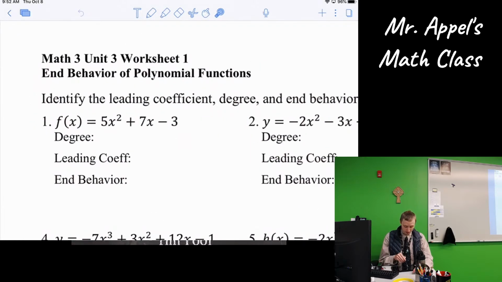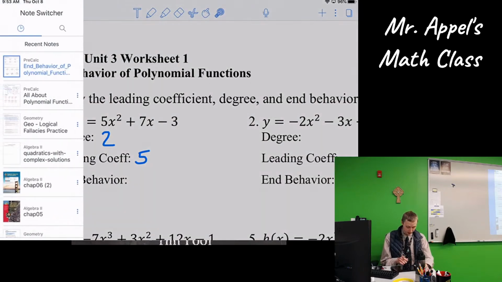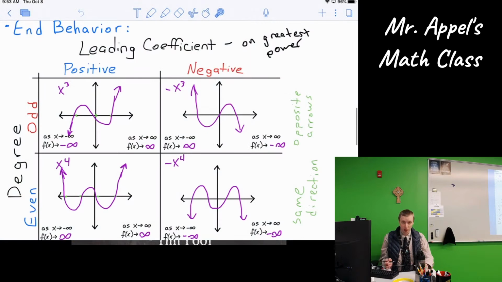So with number 1, the highest power, I've got 2, 1, 0. So the highest is 2, degree of 2. The coefficient on that term is a positive 5, so the lead coefficient is positive 5. And the end behavior is determined strictly by the degree itself and the sign of the leading coefficient as determined by this chart, which you should already have.